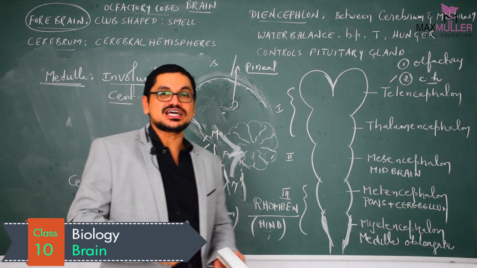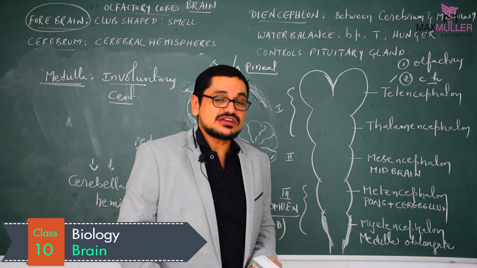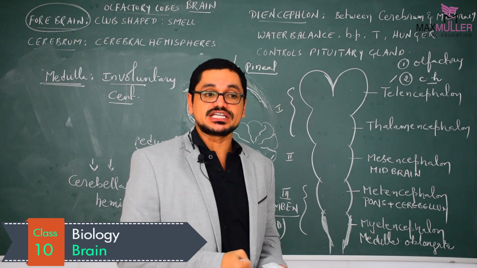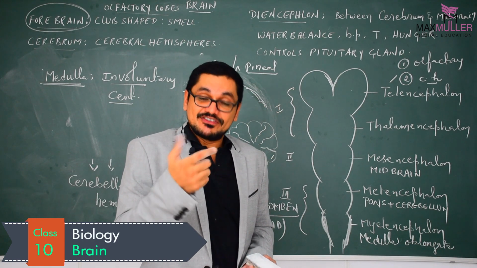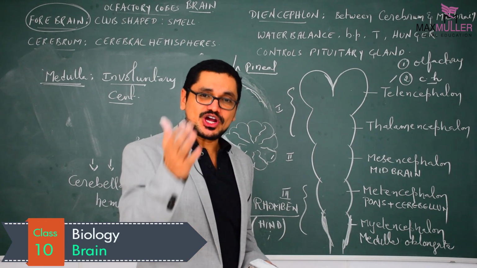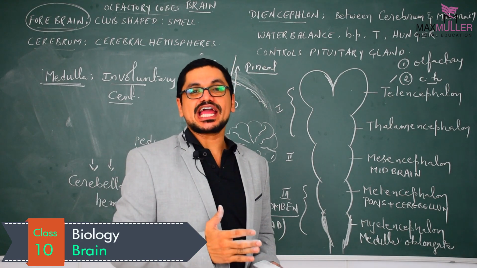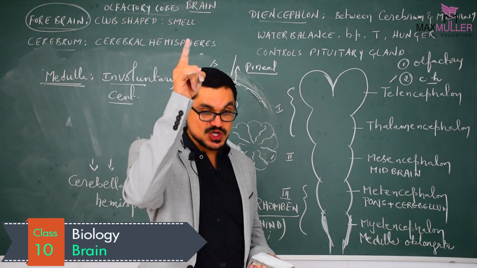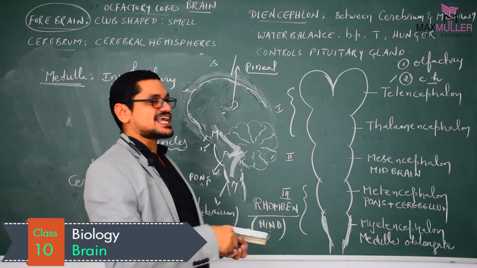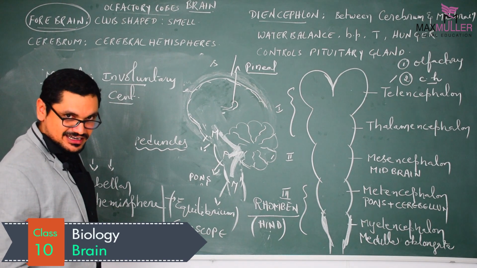Involuntary centers means the centers which are very essential for control of your cardiac or cardiovascular activities, hiccups, even laughing, swallowing, vomiting. Can you control vomiting? Can you control your heartbeat? Can you control your respiratory activities? You can't, because all these are involuntary activities. So all these involuntary activities are under the control of medulla oblongata.